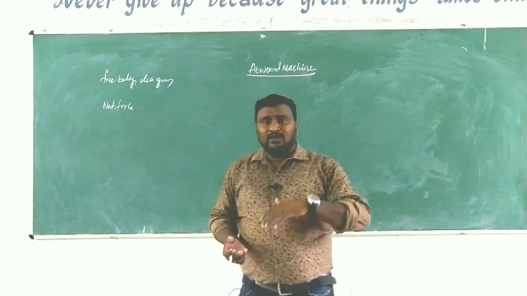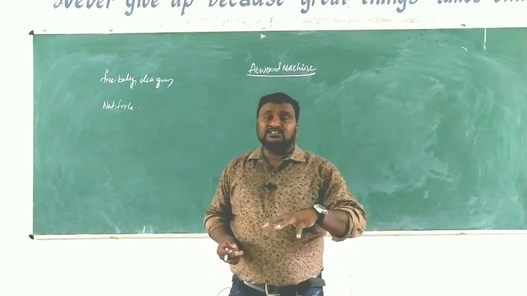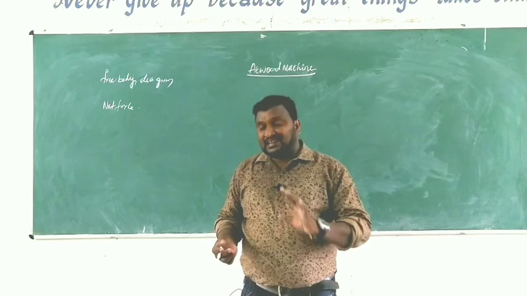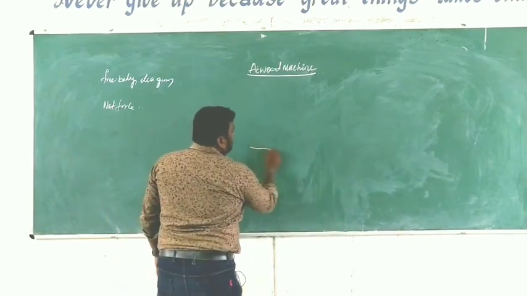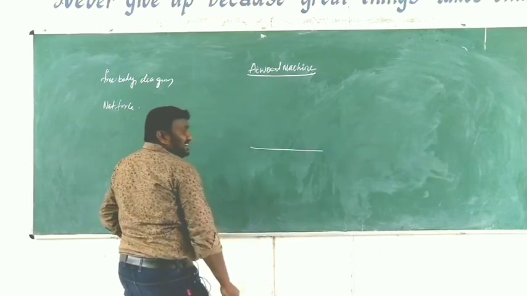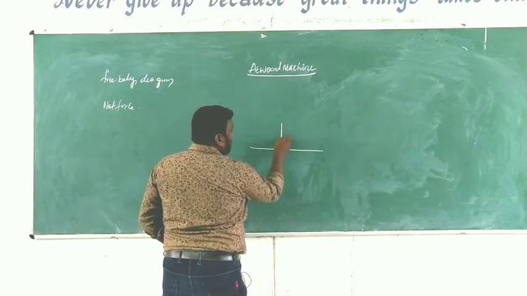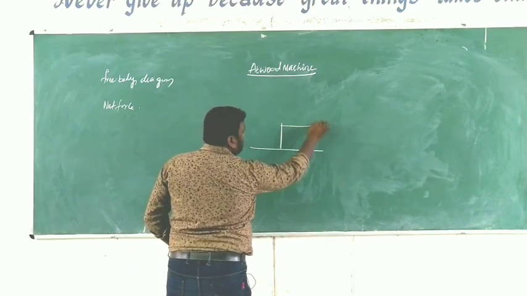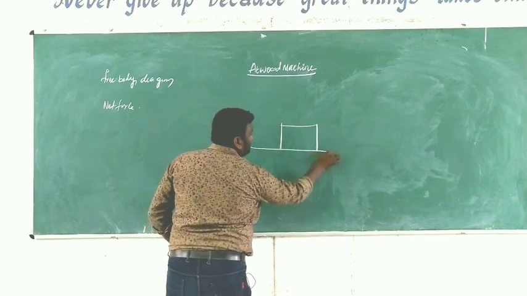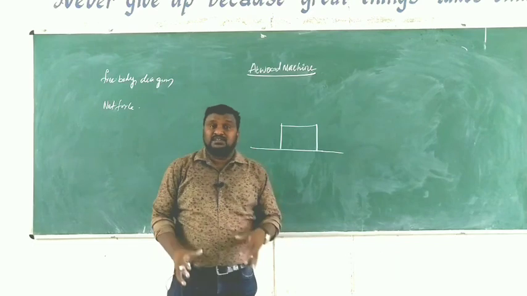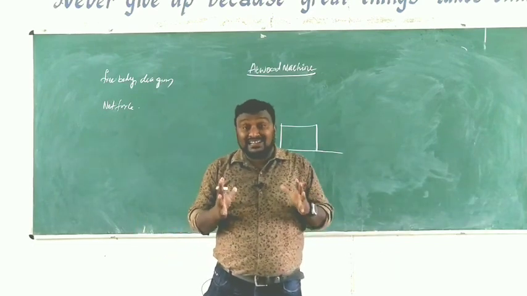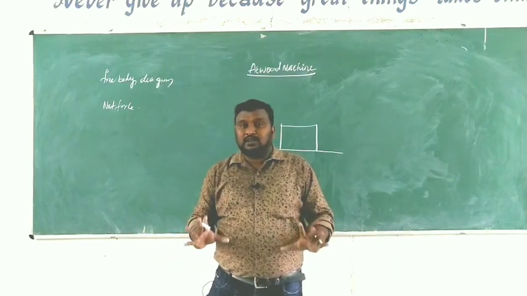Now, what is net force and what is a free body diagram? Let us see. Here this is one horizontal surface, and this is one object that is kept at rest on a table. Clear?